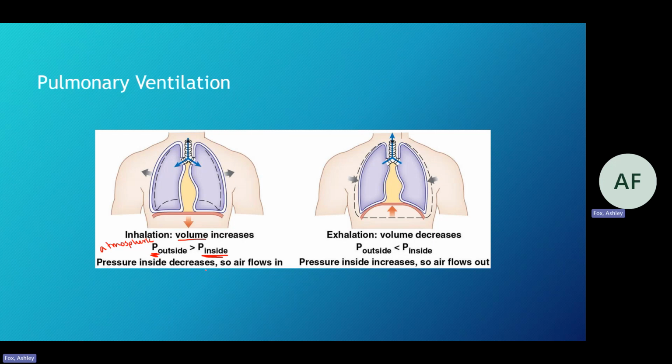So pressure inside is decreased, and air is going to go from high to low, so it goes into the lungs. Exhalation is the opposite. Volume decreases just by those passive muscles relaxing. Pressure outside is less than the pressure inside, so the atmospheric pressure is lower than the pressure inside the lungs. So air is going to move out. It's all based on changing pressures.